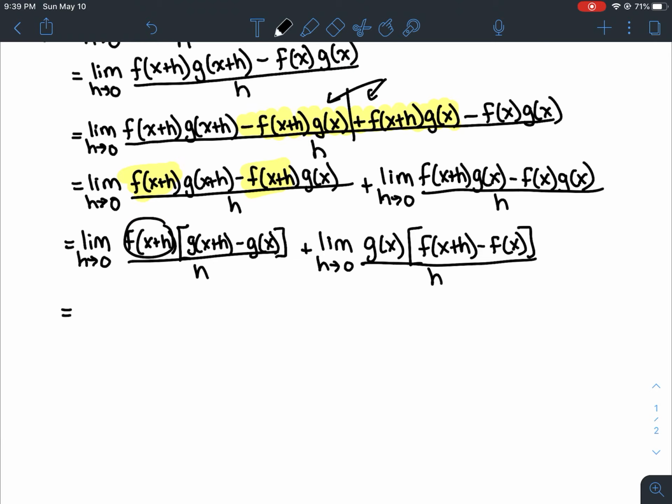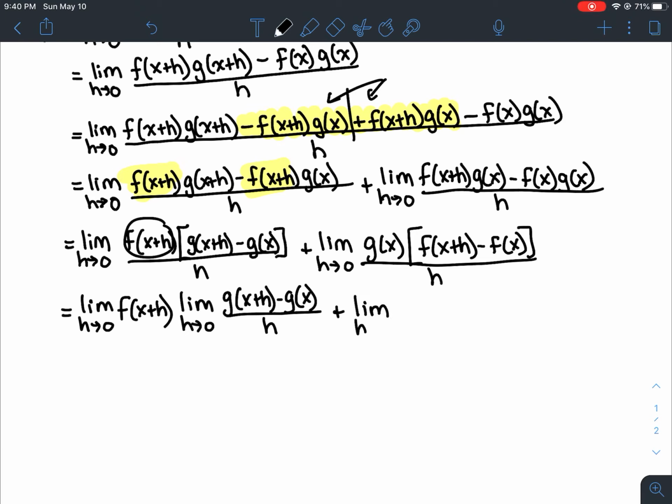So I'm actually going to pull out this guy. I'm going to write the limit as h goes to 0 of f of x plus h, times the limit as h goes to 0 of this g of x stuff, so g of x plus h minus g of x divided by h, plus, I'm going to do the same thing over here, the limit as h goes to 0 of g of x times the limit as h goes to 0 of f of x plus h minus f of x over h.